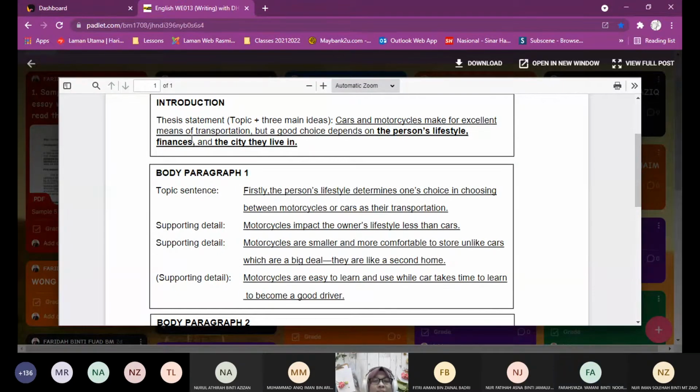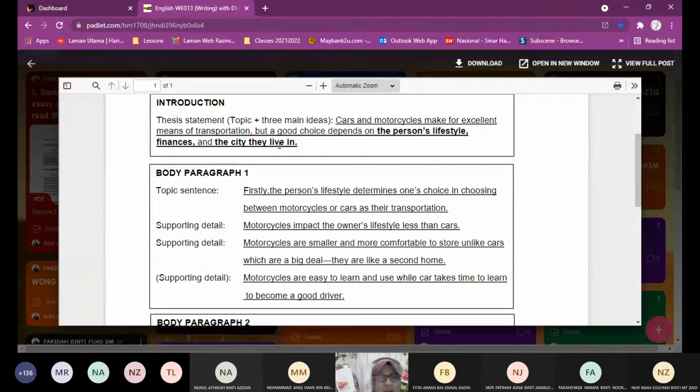Okay, so here this statement is topic plus 3 main ideas. So the topic here is car and motorcycle. Okay, make for excellent means of transportation. But, there's a but here. A good choice depends on the person's lifestyle, finances, and the city they live in. 1, 2, and 3.